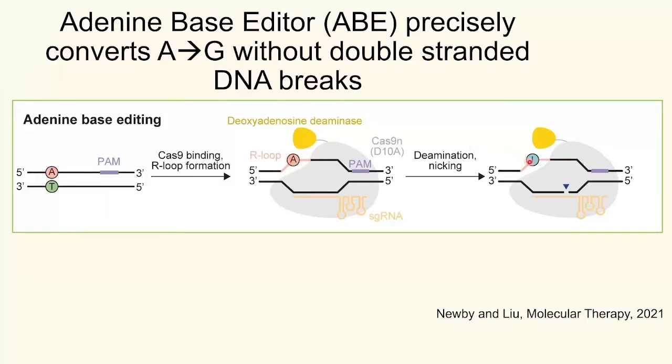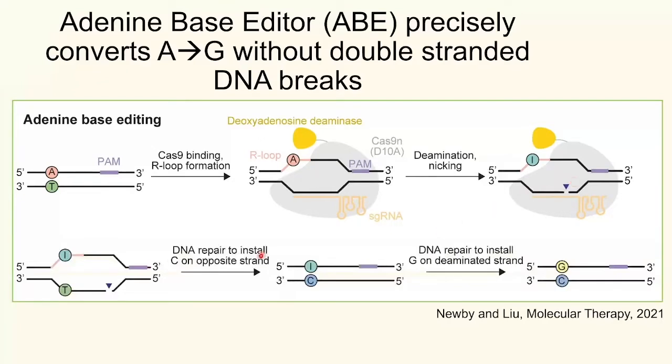Following that conversion, the Cas9 nickase recognizes the protospacer adjacent motif, or the PAM sequence, and nicks the strand opposing the edited strand. And it's after this nick that the DNA uses the cellular repair mechanism. During this repair, the inosine is treated as a guanine, which ultimately replaces the original A-T base pair with the G-C base pair.